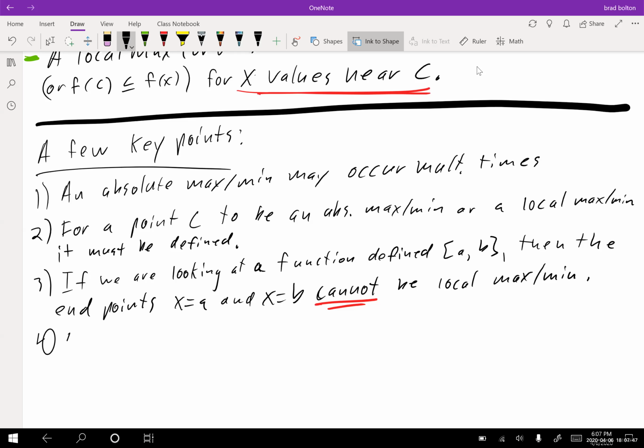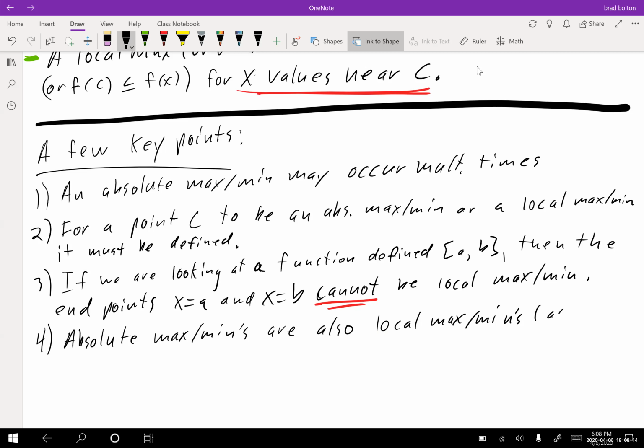Last thing, absolute max or mins are also local max or mins as long as they are not endpoints.